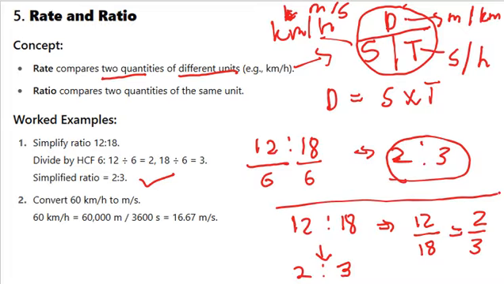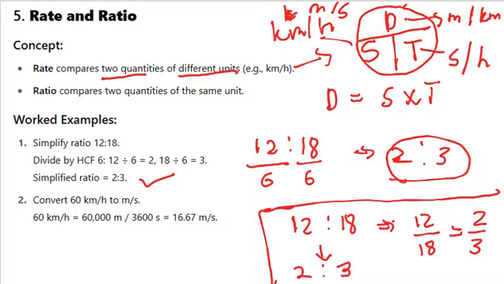But this one is very easy. After that, you can just figure out how much you divided 12 by to get 2, which is the same way you divided 18. The simplest form is 2 is to 3, because we divided by the common factor between the two.